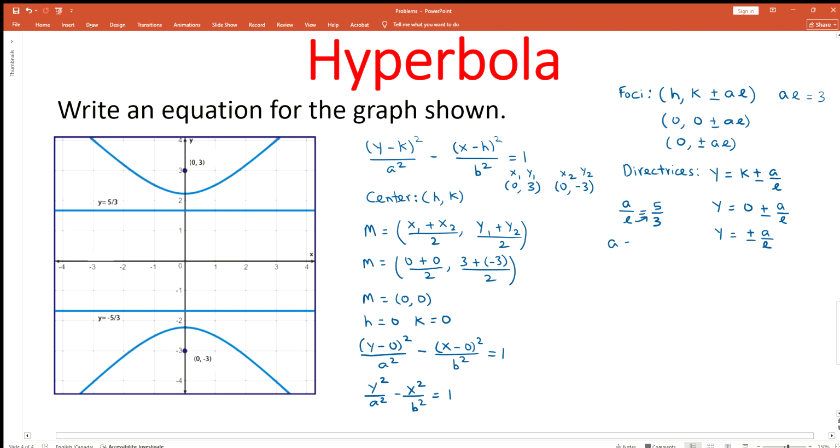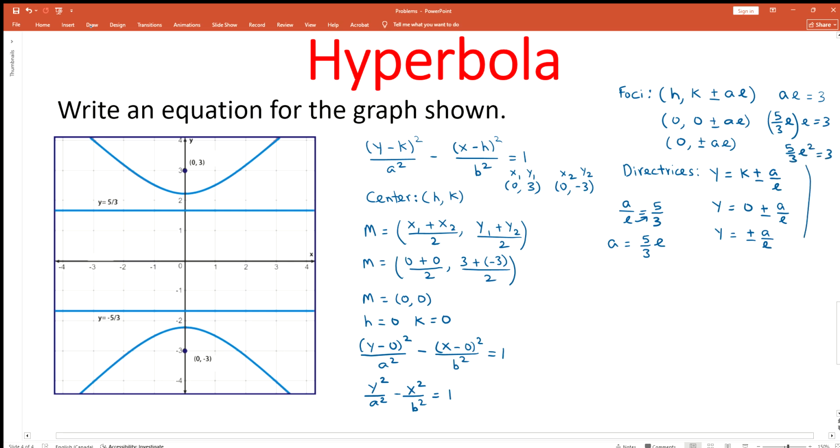We get a equals 5 over 3 times e. Now we can sub in this expression for a in the equation a times e equals 3. So we get 5 over 3e times e is equal to 3. 5 over 3 e squared equals 3.